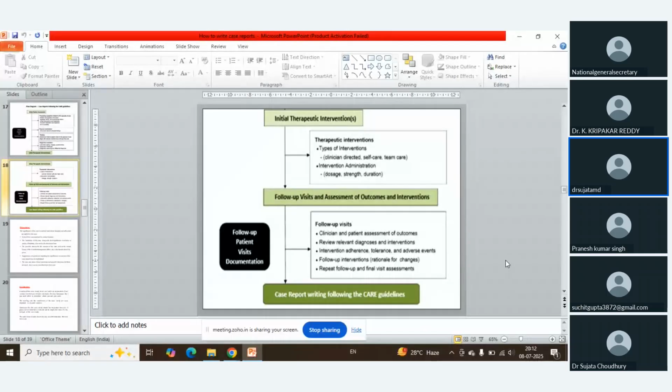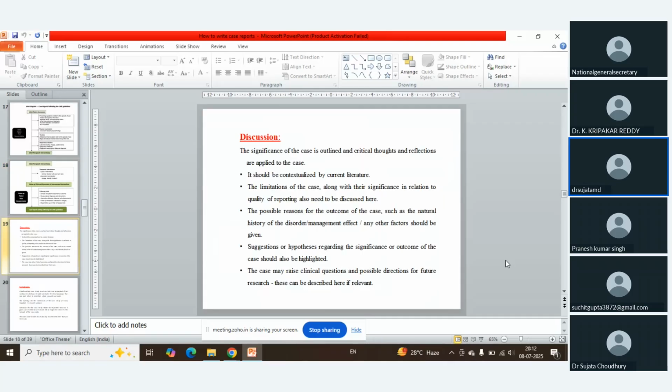In follow-up visits, when the patient comes for the second visit, we assess the complaints: any new symptoms appearing, any old symptoms reappearing, whether the presenting complaints from the first visit responded or not, and any aggravation. For all these conditions we assess in follow-up visits. So this is the case reporting guideline, the CARE guideline.